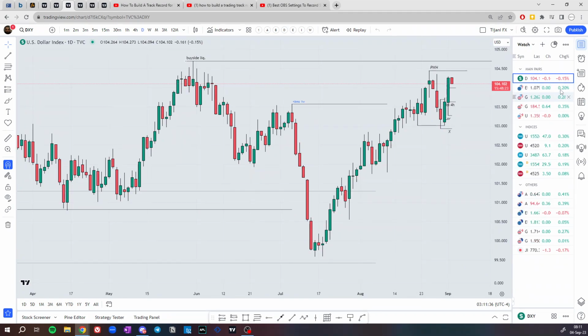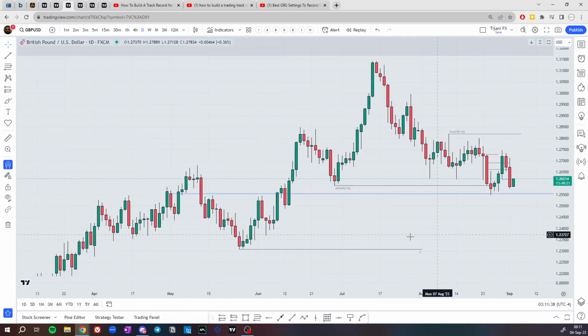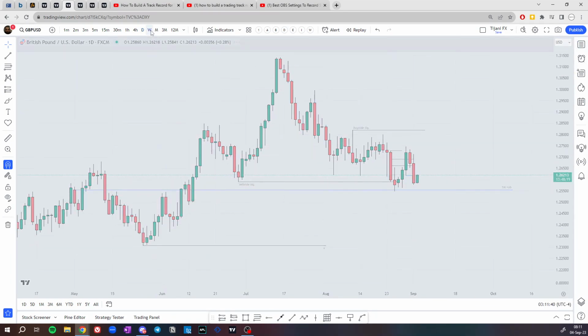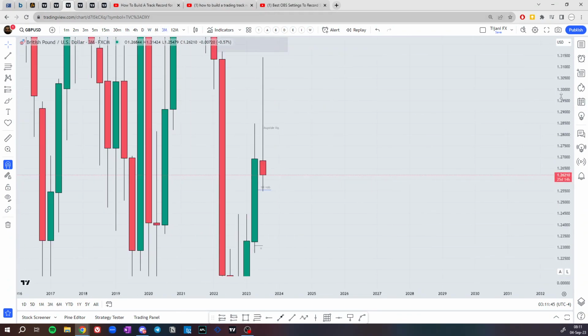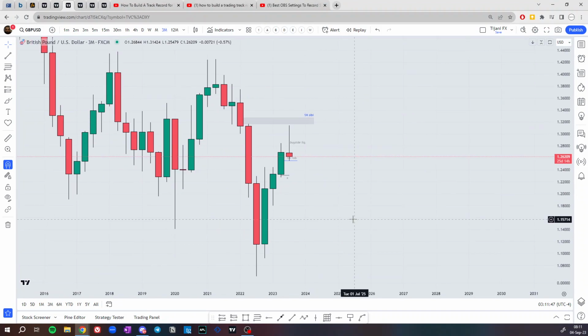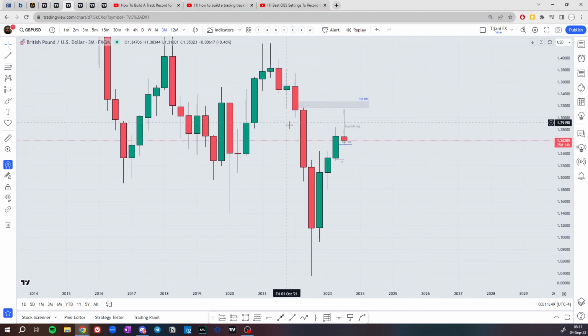On the cable chart, what do we see? We go to the quarterly chart, we see price is inside this fair value gap, inside this quarterly candle breaker.